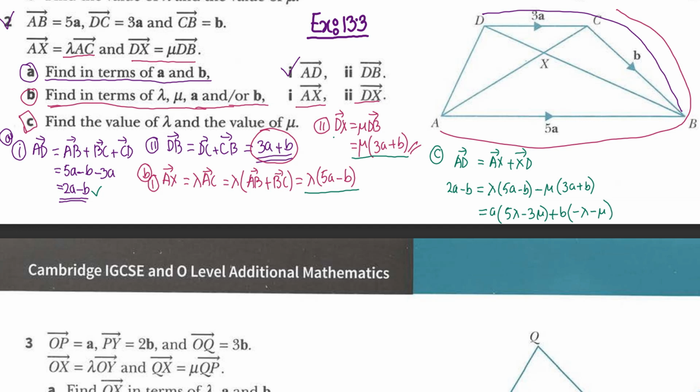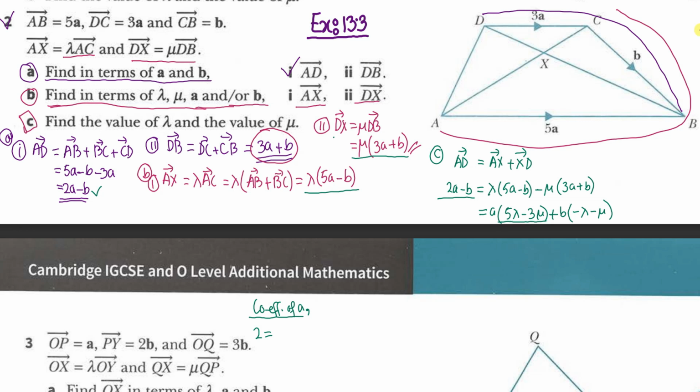Now equate the coefficient of a. It's very important, the coefficient of a, or we can also say terms with a, because it's a vector equation. In a vector equation, the individual vectors are always equal. So equating the coefficient of a, from the left side we got 2, and from the right side it is 5 lambda minus 3 mu.